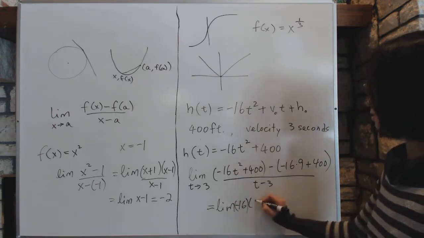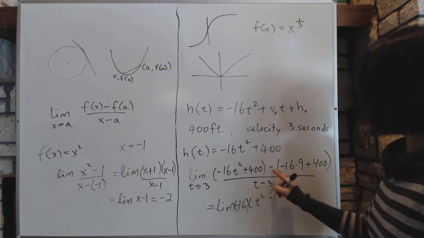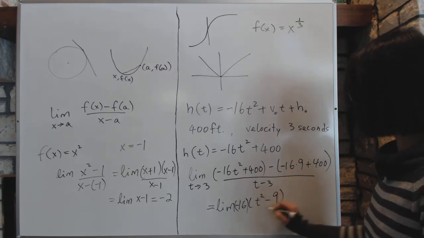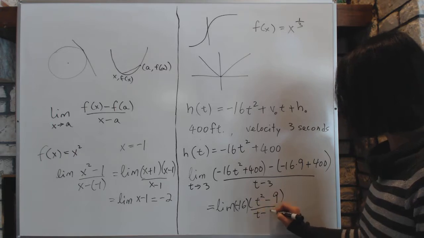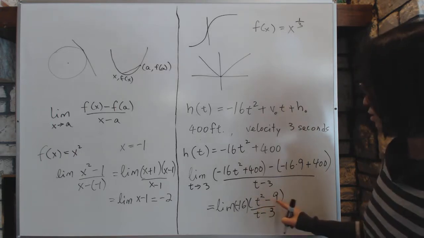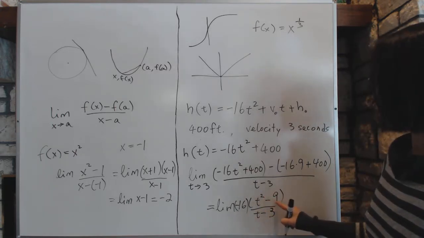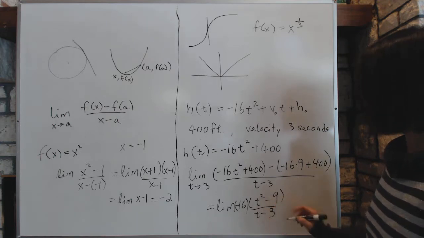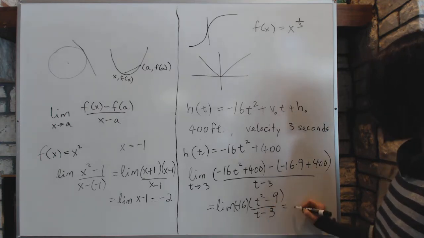Yeah, take the minus 16. So we have t squared minus 9 over t minus 3. This is a difference of squares, which becomes t plus 3 times t minus 3.